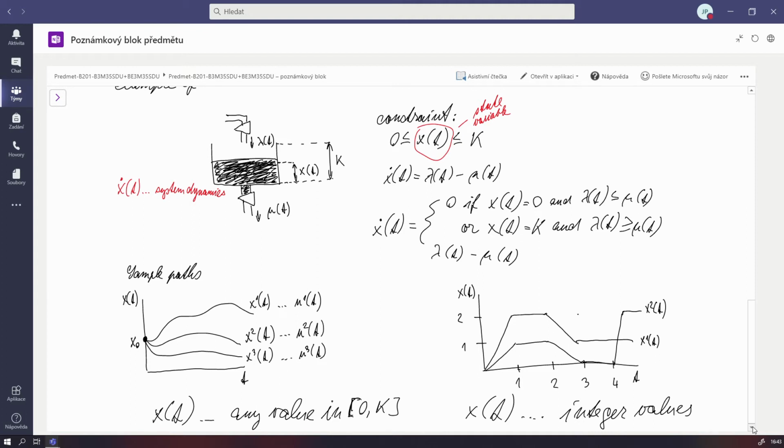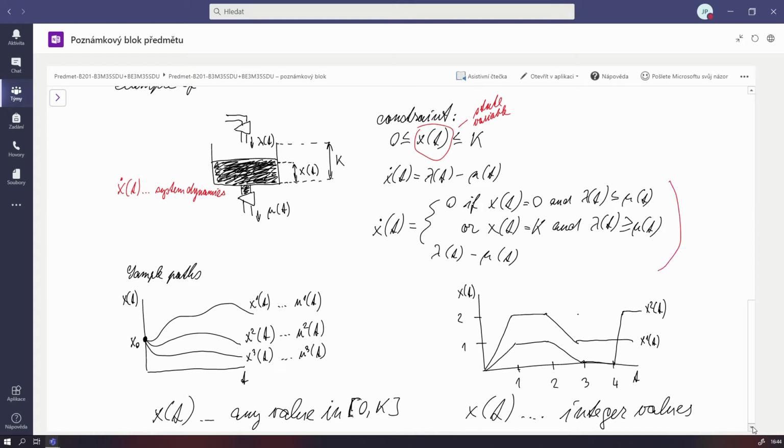So in both cases, this is not the representation of the discrete state space. Here we can see the description of what was denoted here.